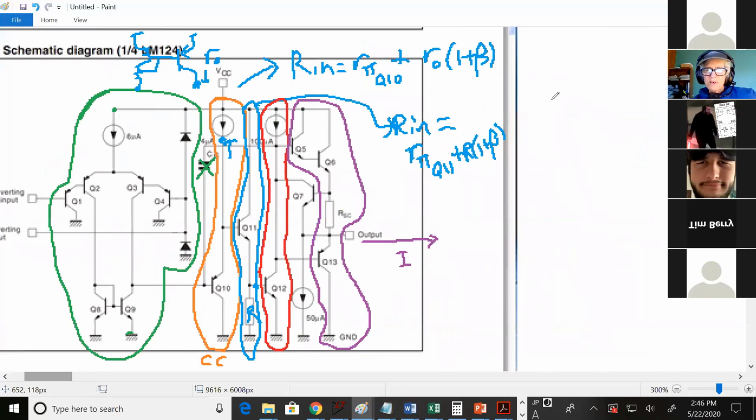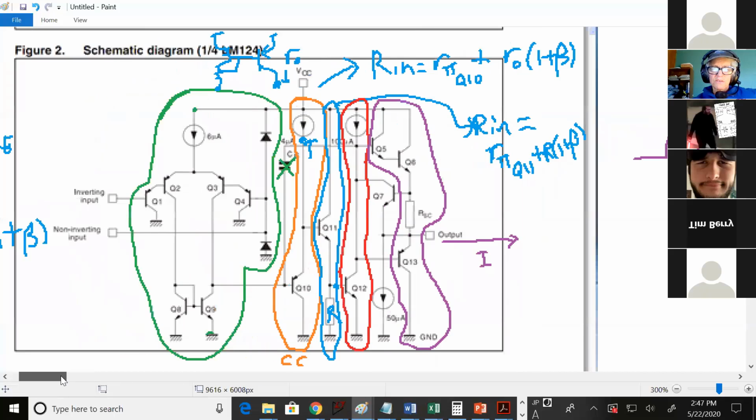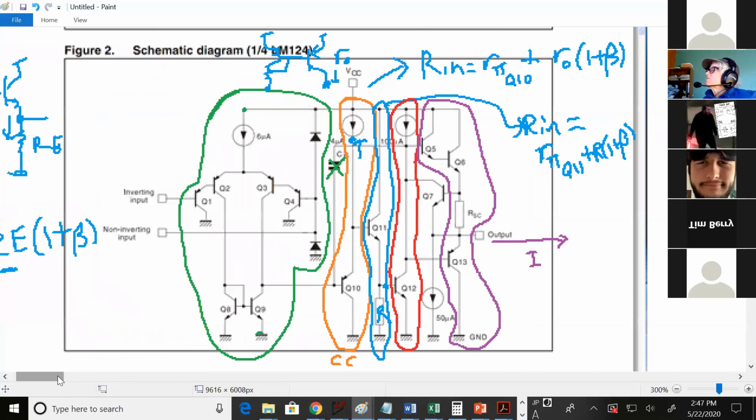So let's just draw that out. Remember in lab where you saw something like this? That's crossover distortion. Okay, so is this circuit, as it's drawn, going to have crossover distortion?